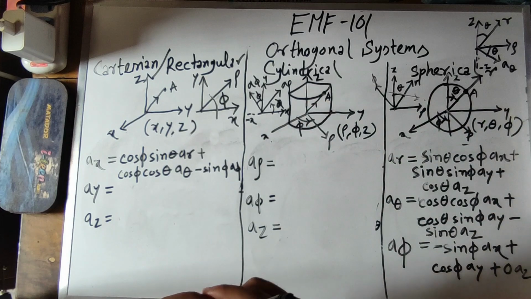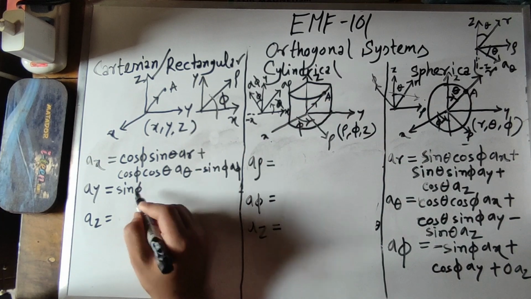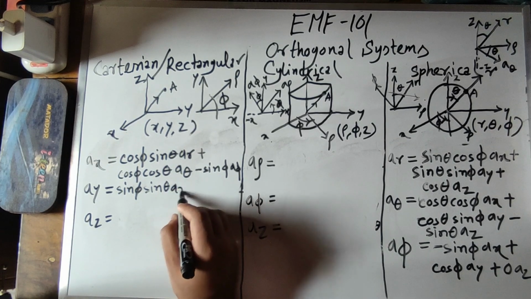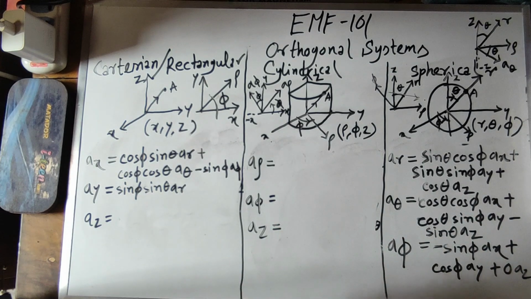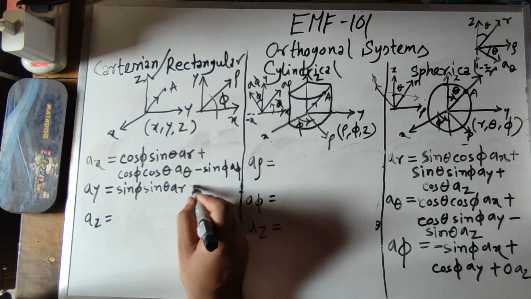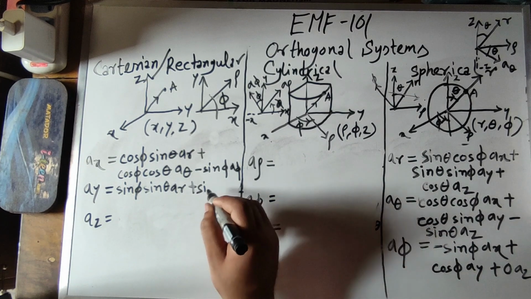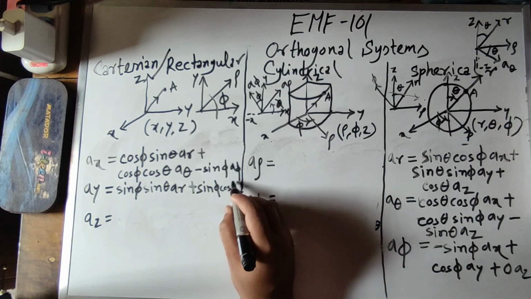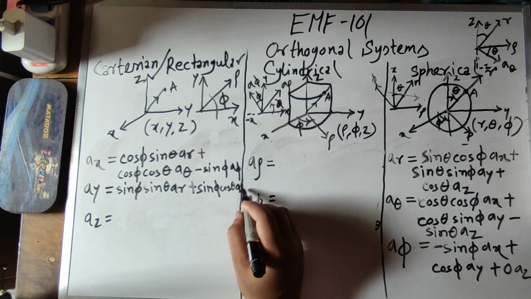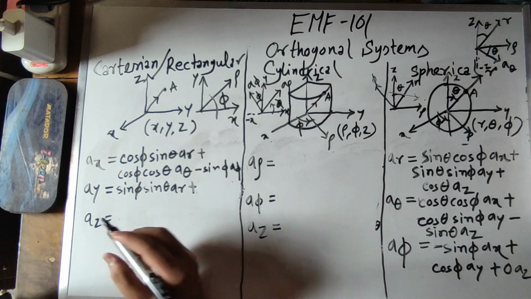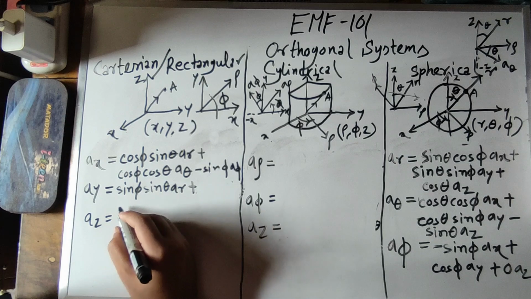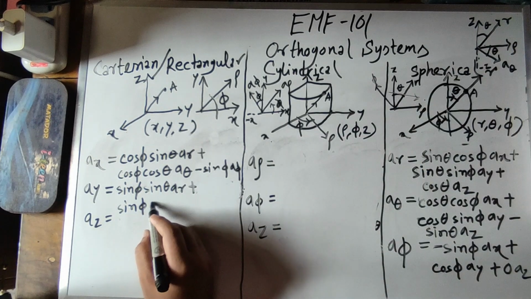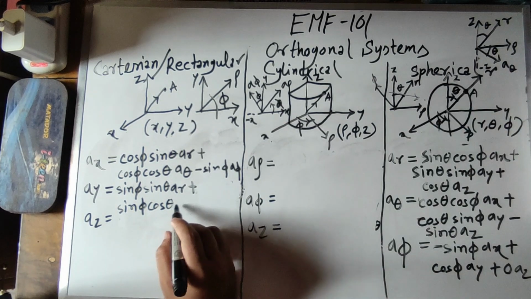Now for ay: ay has a sine phi component with rho, and rho has a sine theta component with ar, so sine phi sine theta ar, plus ay has sine phi with rho, and rho has a cos theta component, so cos theta component with a theta, in the direction of a theta.